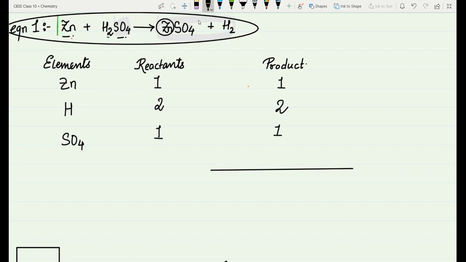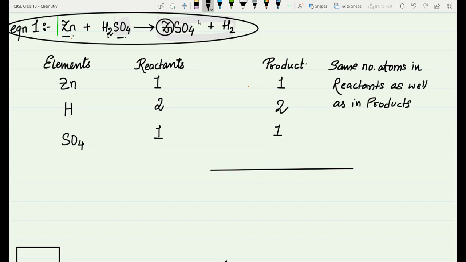So हमें देख सकते हैं जितना एटम्स रिएक्टेंट में भी है उतना सेम एटम प्रोडक्ट्स में भी है. सो वी हैव द सेम नंबर ऑफ atoms in reactant as well as in product. So the reaction is balanced.